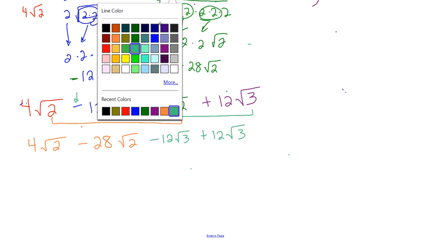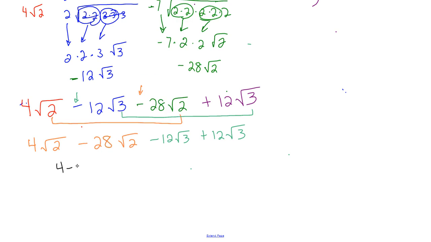So looking at these first two right here, I've got 4 minus 28, which is negative 26. No, negative 24, and then put the square root of 2 on there. Okay, over here, I'm looking at it, and I've got negative 12 plus 12, which is 0.